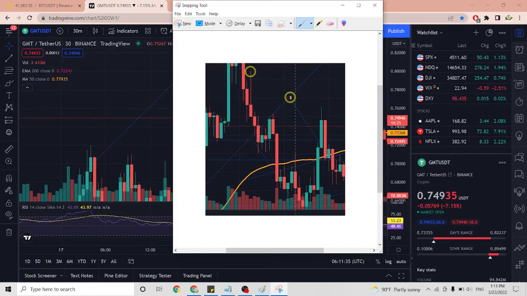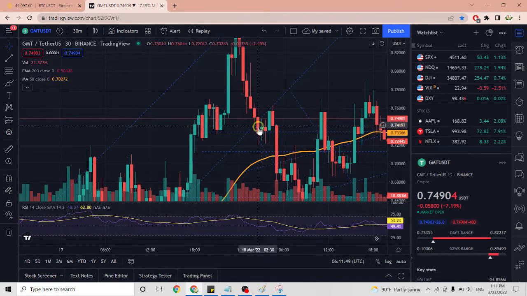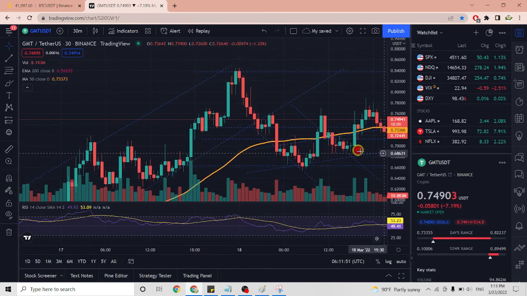Okay, it's uptrend. See here, this is shadow, this is body and head. So it's a real candlestick. That's why it breaks the uptrend.